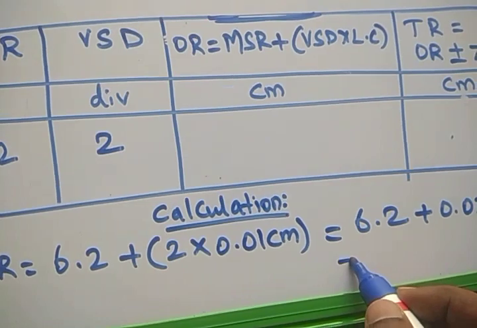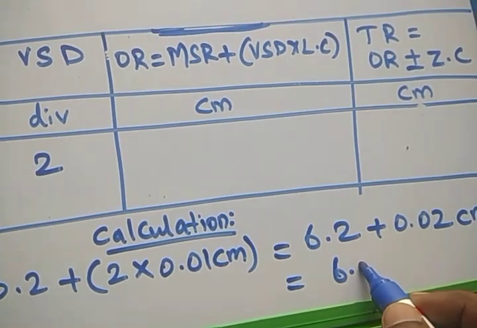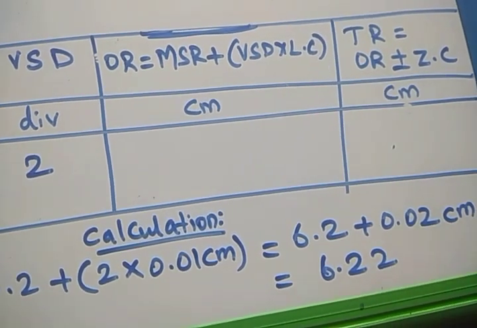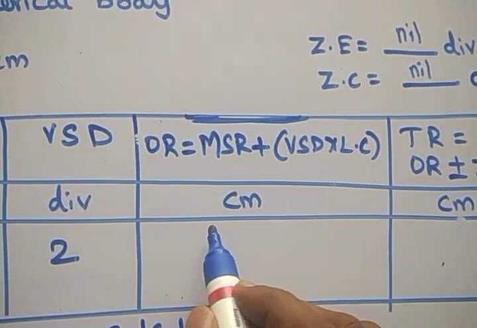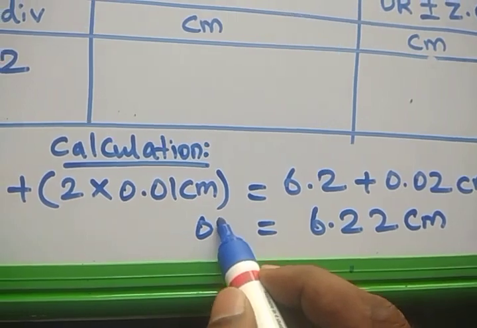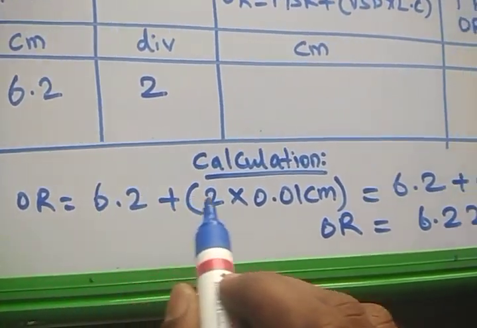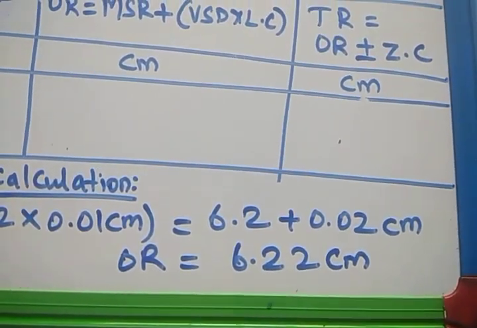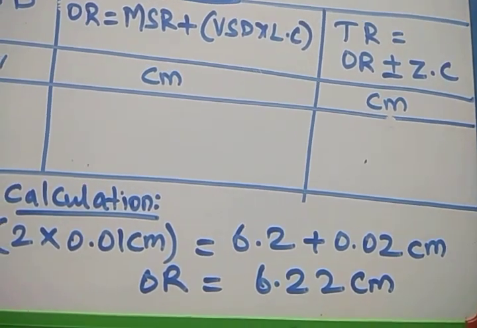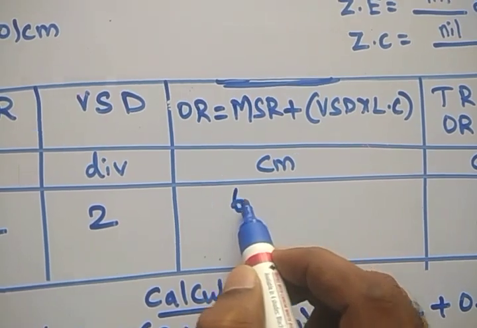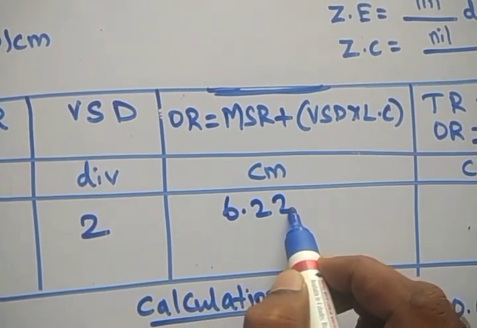Yes, very good, it is 6.22 centimeter. So the observed reading is equal to this calculation. You should do it on the separate calculation page, not inside the tabular column. So that is equal to 6.22.